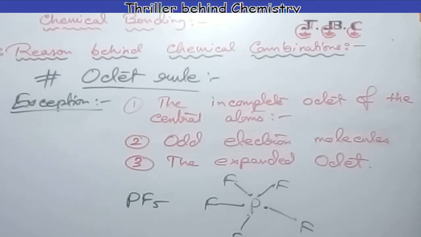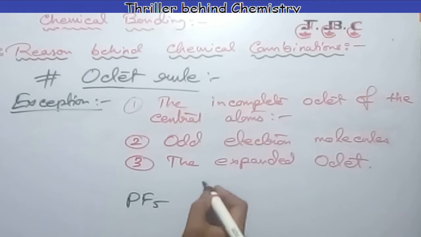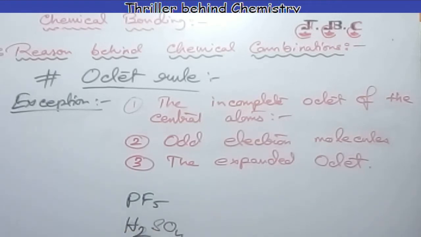Again, for H2SO4, the central atom is the sulfur because it is more electropositive than hydrogen and oxygen, and we know that the most electropositive atom in the molecule occupies the central position.